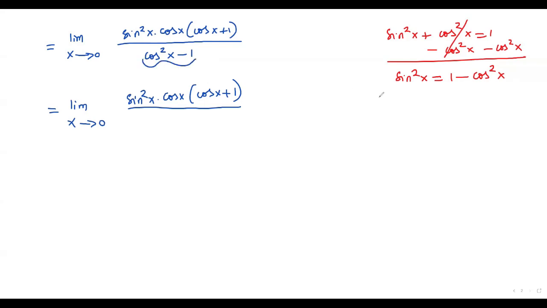When I compare this one and this one, here cosine square x is positive, but here cosine square x is negative. Here 1 has a negative sign, but here 1 has a positive sign. So I have to change the signs of these two terms. For that, I have to factor out the negative sign. Whenever I factor a negative sign from an expression, I have to change the signs of the terms in the expression. Since I factor the negative sign out, this cosine square x becomes - cosine square x, and this - 1 becomes + 1.